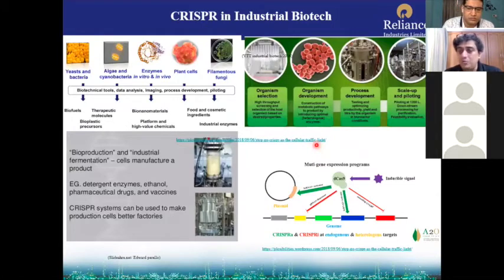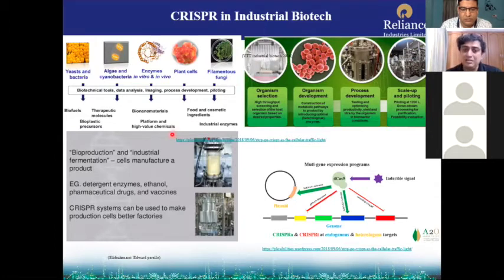Similarly, what we are working on at Reliance, we basically work in the industrial biotech area and select crop biotech area. So there are a lot of possibilities, starting from yeast, algae, in vitro enzyme production, plant cell mediated chemical production, filamentous fungi mediated chemical production.